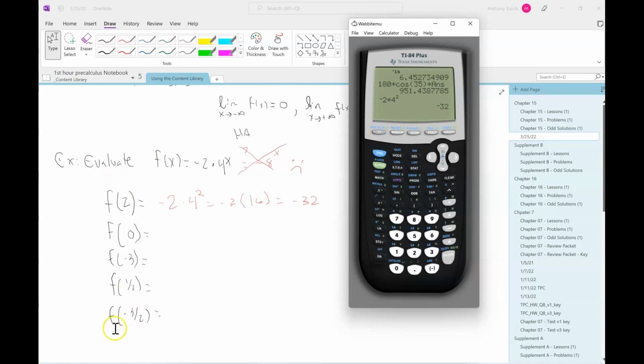Or if you're going to do a problem like this, where you're going to have to type stuff in over and over again, I might do it this way and type -2 times 4 to the x into my y equals, and then I can do vars over to y vars function, pick y1, and then I can do y1 at 2, and then if I hit second and enter, I can just go in and update that to all the different values that I have on my list. So it's kind of easy to do that.